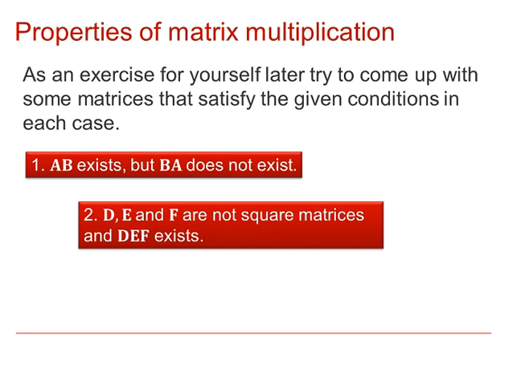Secondly, can you find D, E and F that are not square matrices but the product DEF exists? And finally, can you find two matrices M and N such that they are commutative? In general we've decided that multiplication is not commutative, but occasionally you'll come across matrices where the products are equal to each other.